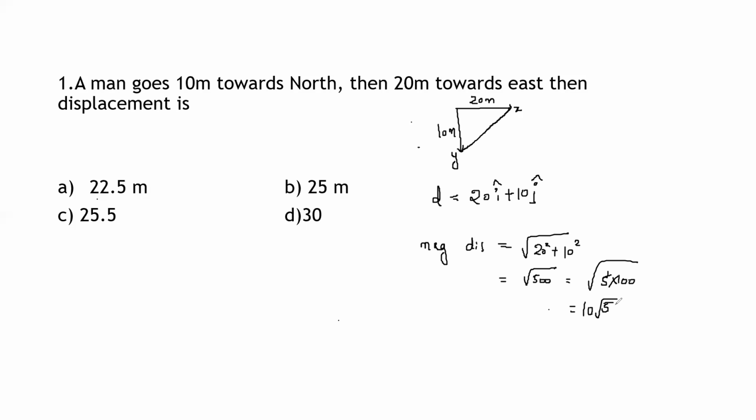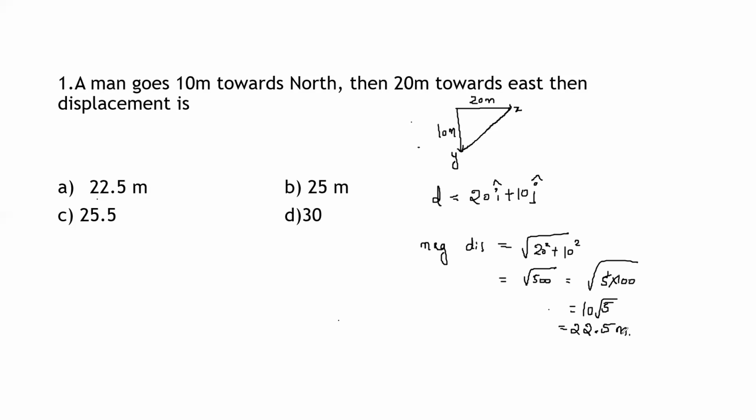Here the options are given in terms of decimals, so 10 root 5 we can simplify and we will get 22.5 meters. Therefore the correct option is option A.